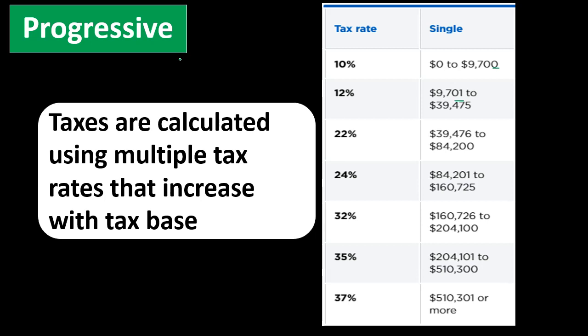The argument against it is that, of course, it does have disincentives as the tax rates go up. I mean, if you're getting a higher tax rate, then you're less likely to work more at that point. Doesn't mean you're getting all your income taxed at 37%, but you might, at the highest rate, be saying it's not worth me working over the 35%. It is disincentivizing to some degree for performance.